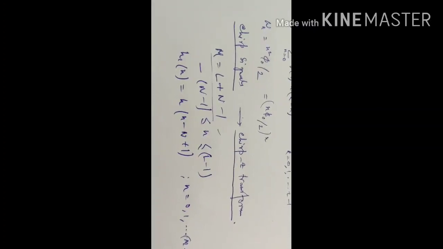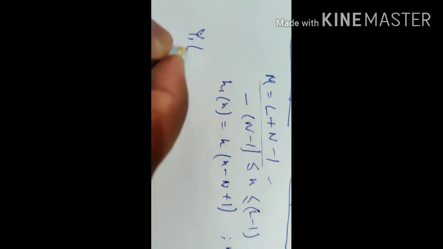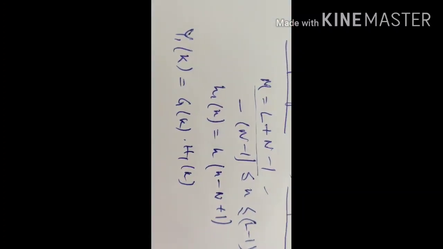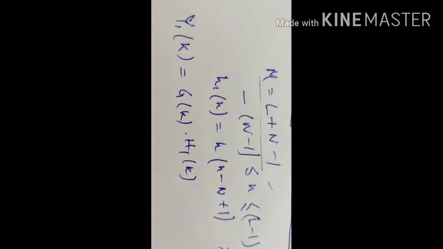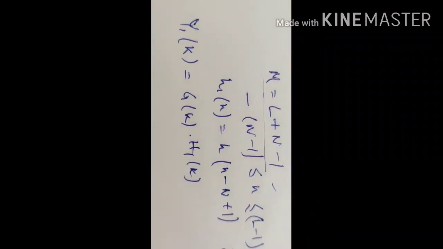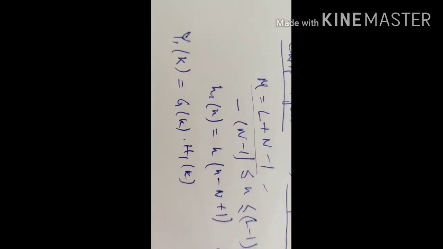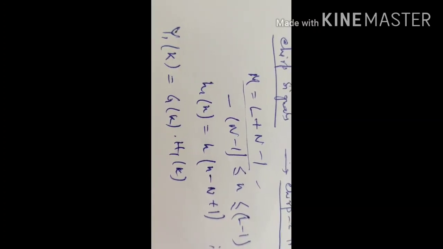The IDFT of the product y1k, that will be equal to gk into h1k, yields the sequence for n equal to 0 to m minus 1 points. So the first n minus 1 points correspond to aliasing and are discarded.